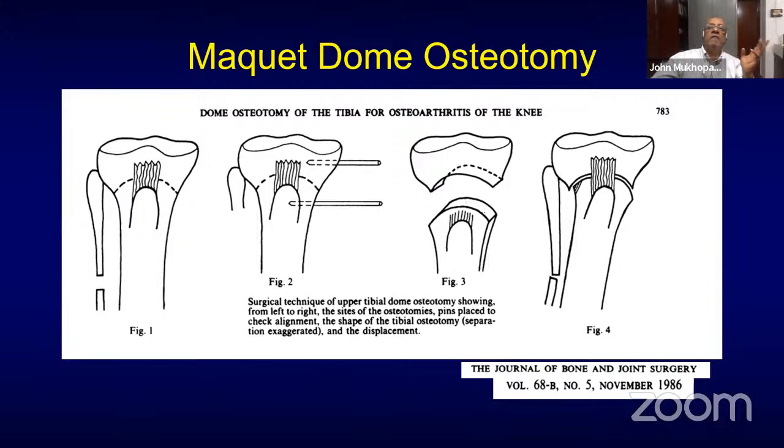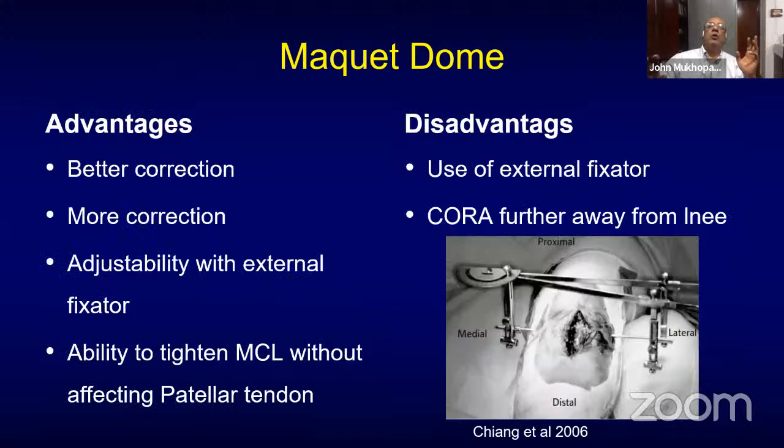But the advantage was that it allowed you a much better correction. You also, if you used an external fixator, had the ability to adjust it somewhat if you found that your correction was not perfect. And because your osteotomy was above the tibial tubercle, you could tighten the medial collateral ligament without affecting the patellar tendon.